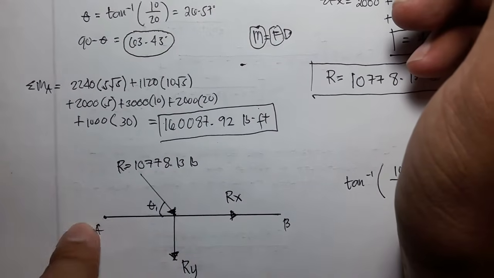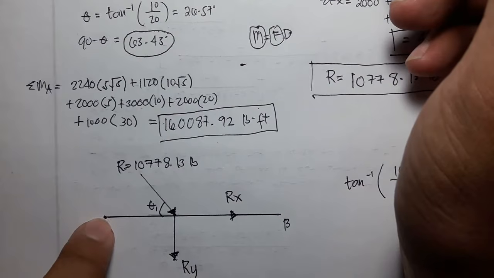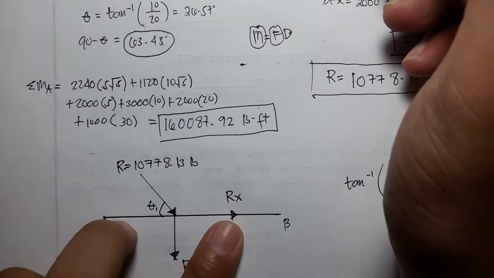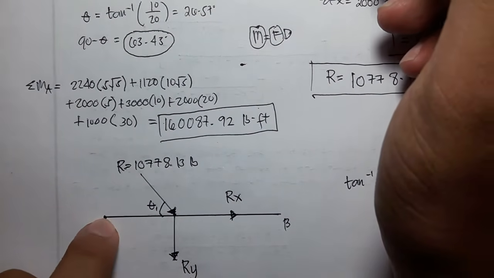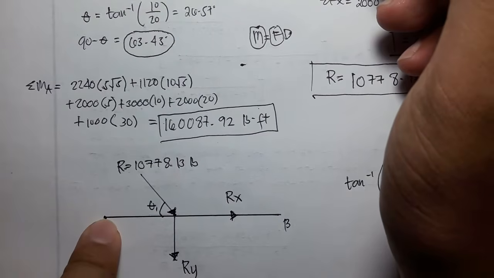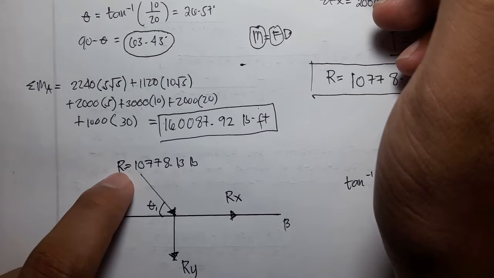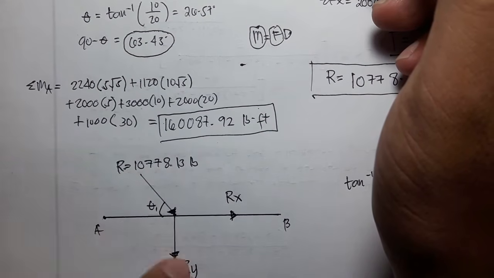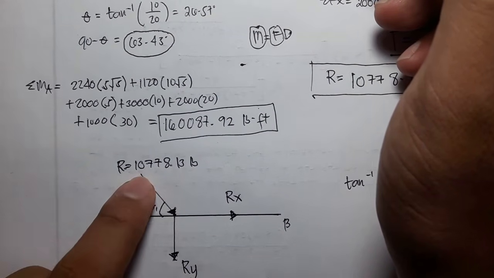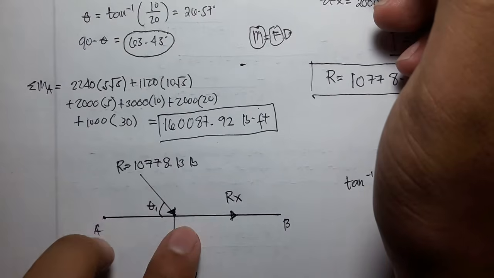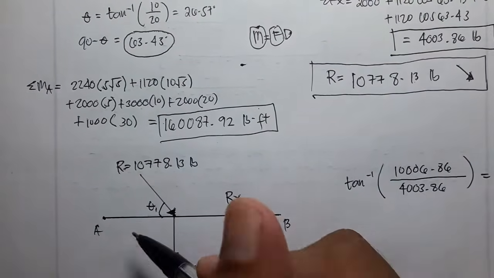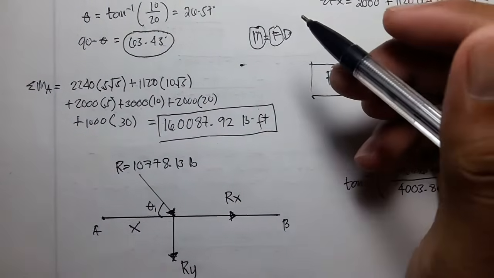And the line of force is passing through this point, or the distance is 0, because it is on the point of our moment center. So we will just use the y component of the resultant.